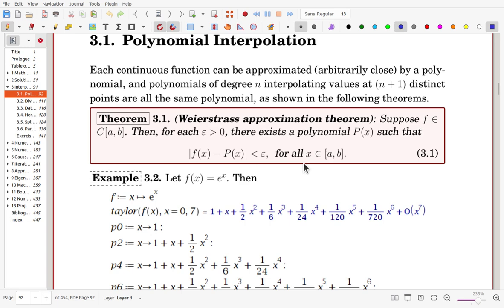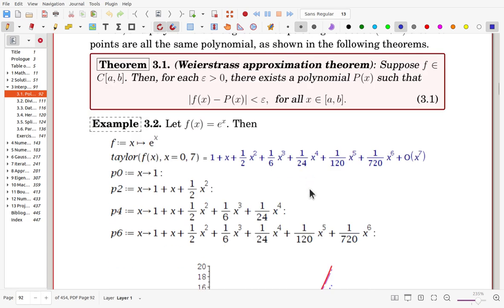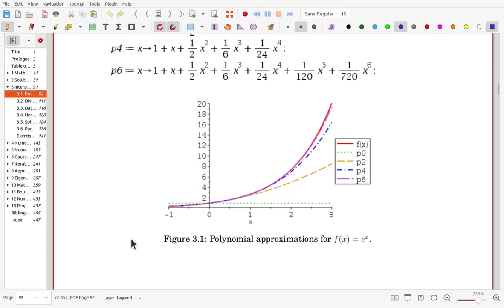Okay, let's see this example. Here, f(x) is e to the x, a simple function. Then we can find Taylor polynomials, P0, zeroth order, and P2, second order, fourth order, sixth order. If we plot them, then we can see here, and this red one is the original function e to the x, and now there is P0, zeroth order, so there is constant, and second order, fourth order, sixth order.